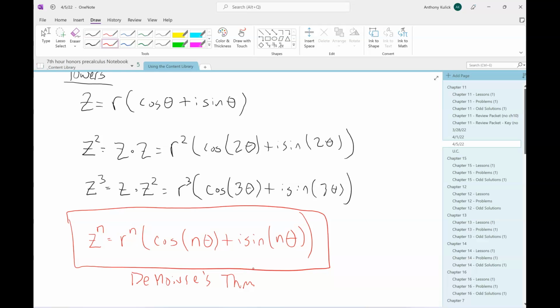We can see here this would be an enormous time saver compared to what we'd have to do in standard form. What would we have to do in standard form? Like a terrible binomial expansion. If I had 5 plus 2i to the 10th, I'd have to multiply 5 plus 2i times 5 plus 2i, 10 of those, which is a lot of foiling and a colossal pain in the tuchus.